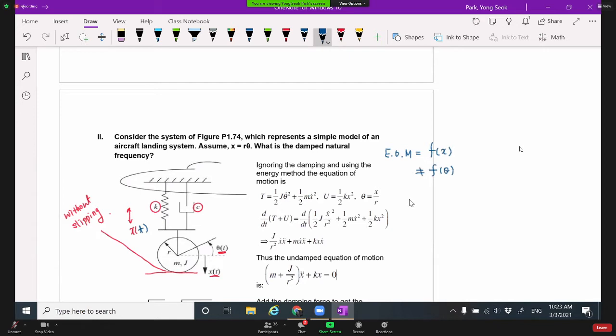It means maybe there's a relationship between x and theta, right? But how do you know the up and down amount? The up and down amount is when the wheel is rotating, fully engaged with the surface, then don't you agree that this arc is nothing but the distance up and down, or the translation of motion, isn't it? So that's why x is r times theta. You understand? Could you explain that again? Okay.